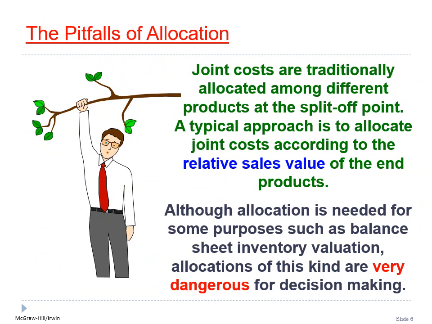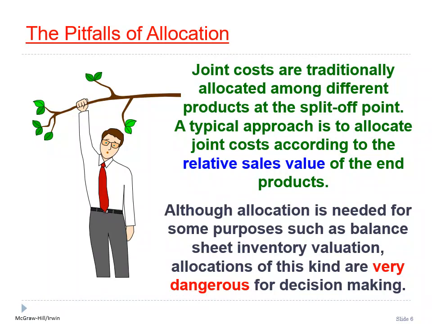The pitfalls of allocation. This slide tells us be careful when we allocate the joint costs between the products. The pitfall of allocation يعني خلي بالك اوعى تنخدع وتقع في مطب الخاص بالallocation او بالتخصيص. It says here joint costs are traditionally allocated among different products at the split of point.